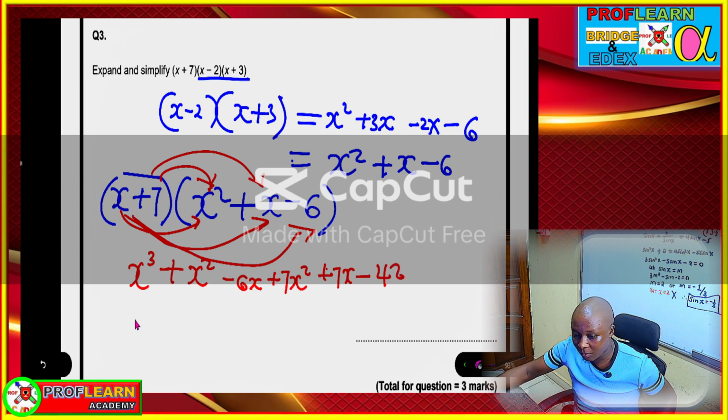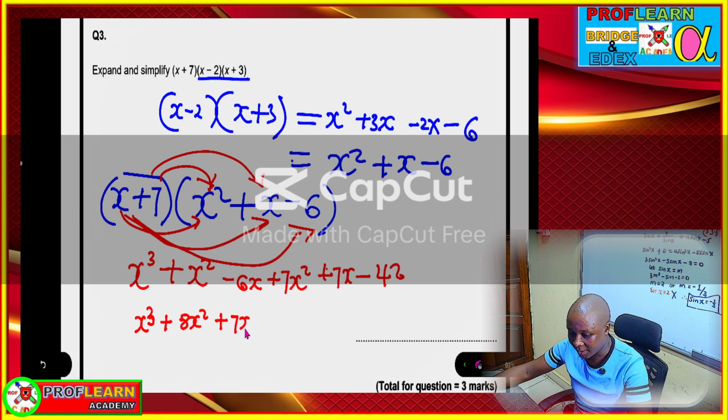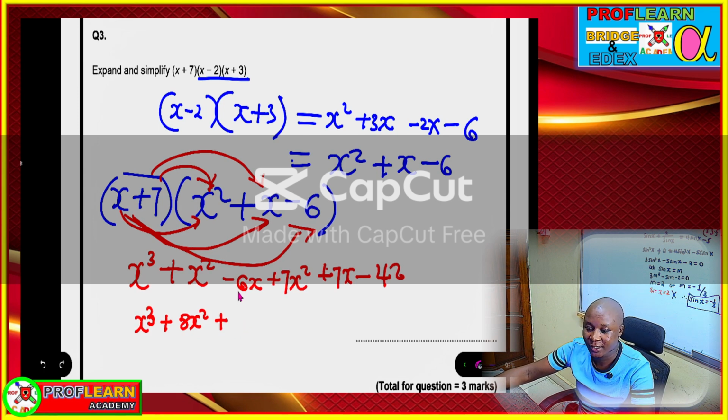Now we shall put the like terms together. We shall have x cubed, plus 8x squared, plus 7x minus 6x, which will be just x. And then we shall have minus 42, and that becomes our final answer.